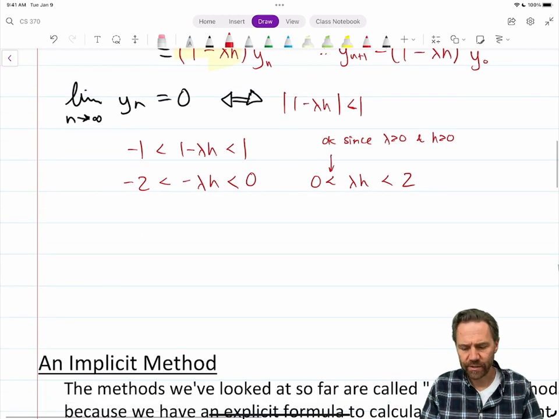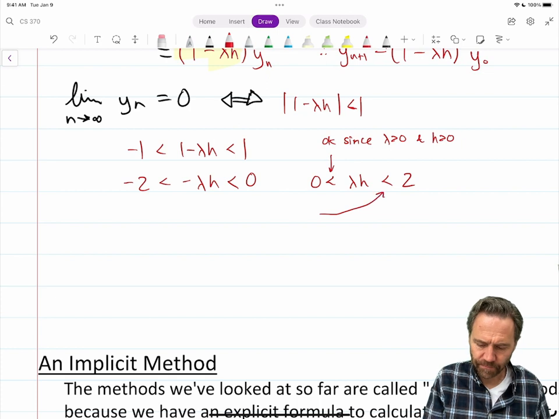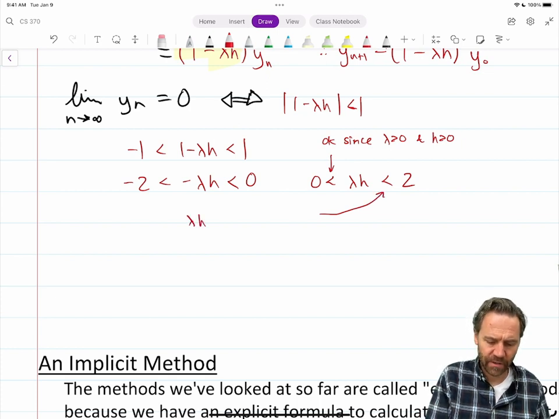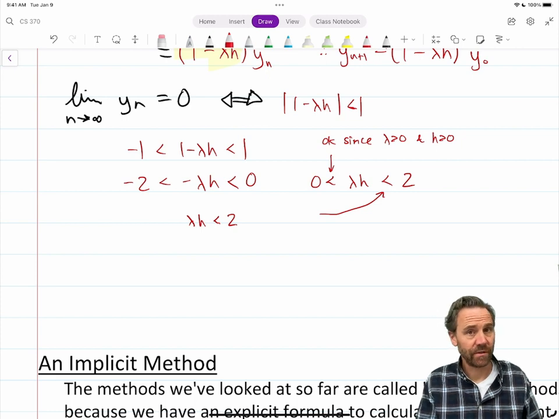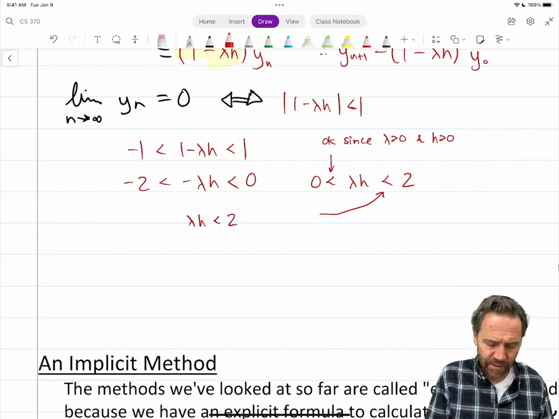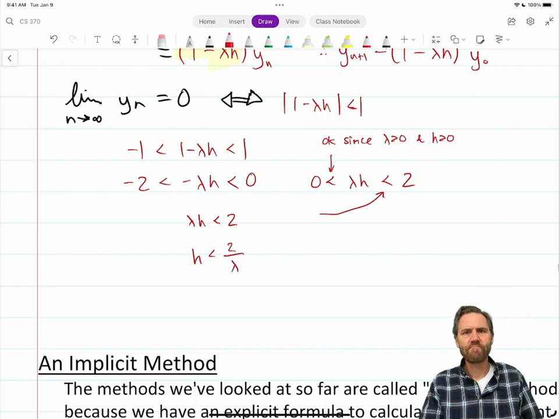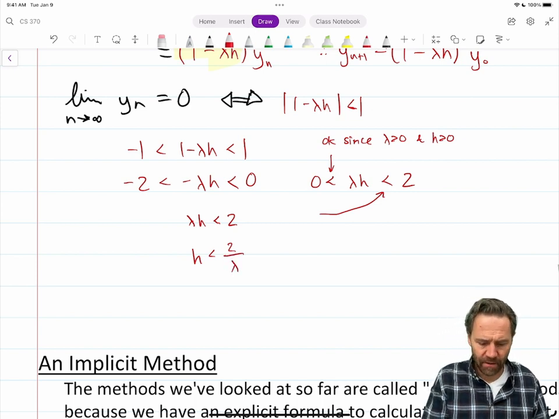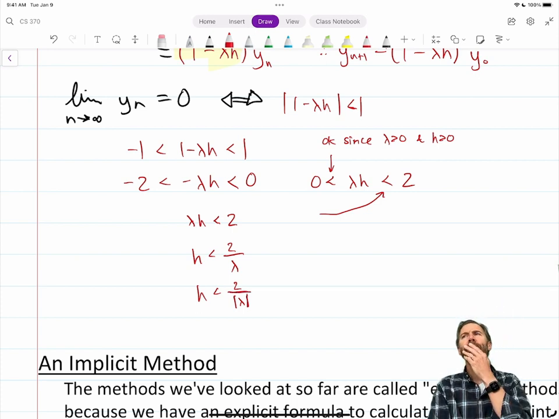The more interesting one is the second one. So you've got lambda h less than 2. That's not necessarily obvious. In fact, it really just leads us to h must be less than 2 over lambda. And we typically write it h less than 2 over the absolute value of lambda. Why is that?